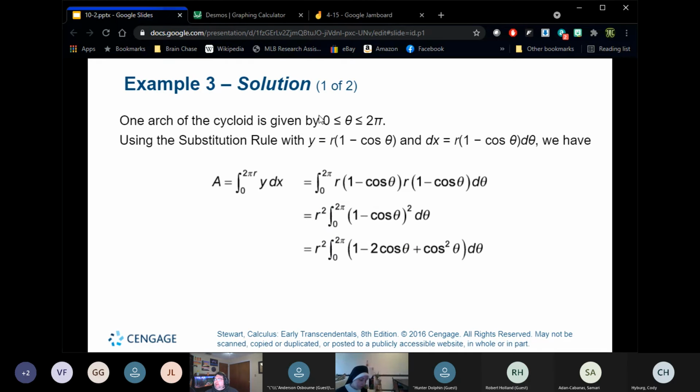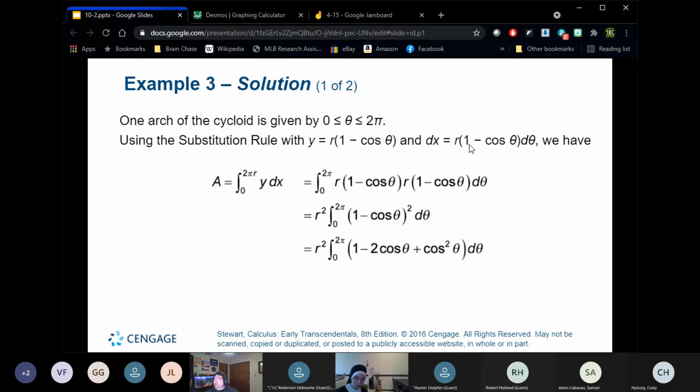So the first thing we have to do is my y is just r times 1 minus cosine theta. Now my x, I have to do the derivative of. So I'm looking for the derivative of theta minus sine theta. The derivative of theta minus sine theta is 1 minus cosine theta, because the derivative of theta would be 1, and the derivative of sine theta is cosine theta.